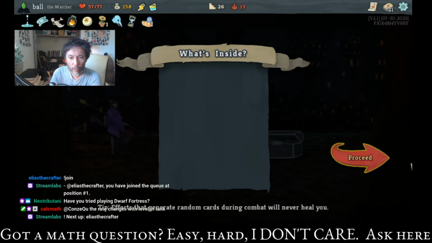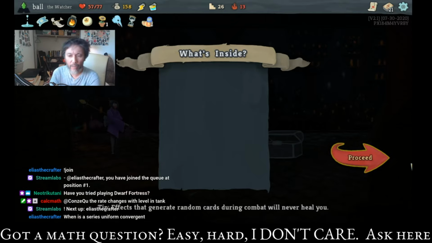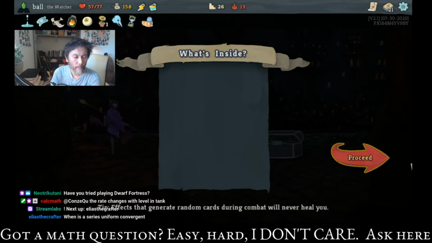What is the most straightforward way to prove that the volume is 1/3 the area times the height? Yeah, I don't know.